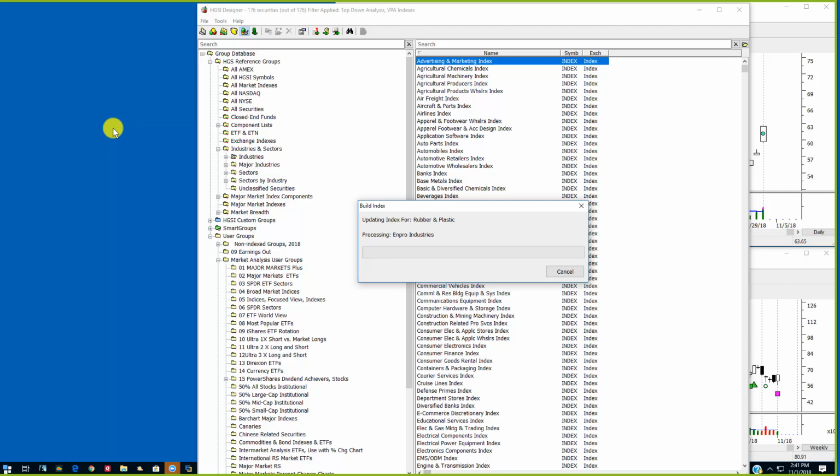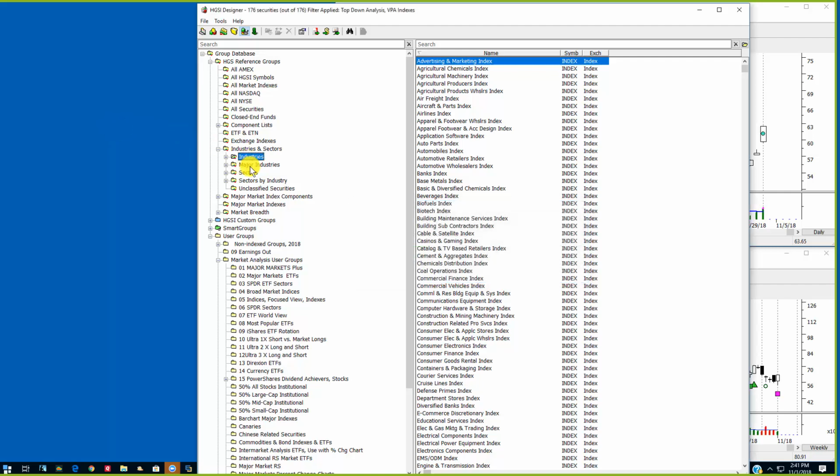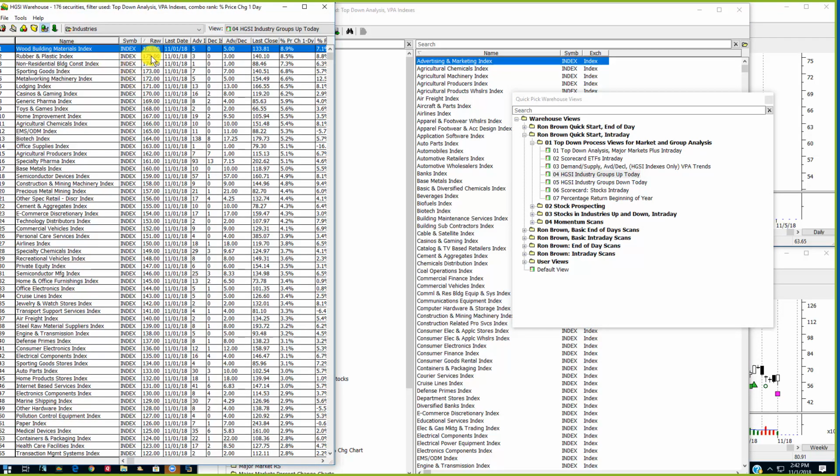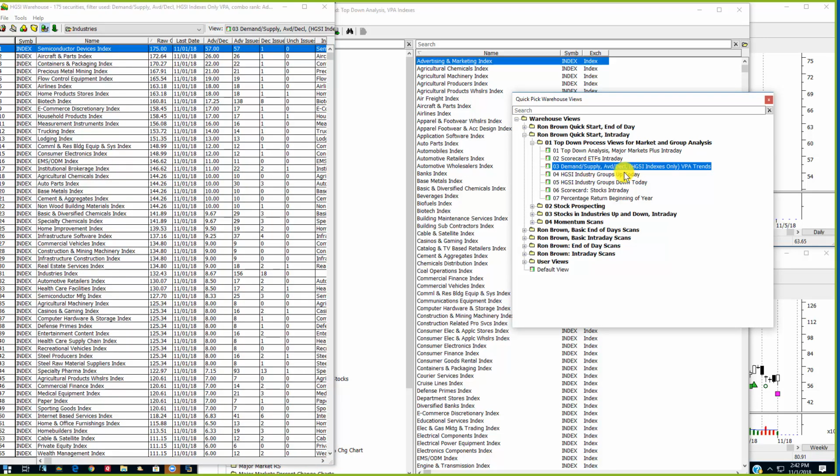And you can see how quickly these build, because I'm not taking 2.5 or 3 minutes to rebuild all of them. I'm just rebuilding the industries. Now I can go back in here to this view, and you can see that wood building materials is still on top based upon this view. If I go to the number 3 view, this is advancers divided by decliners, and now you can see the semiconductors are even stronger.